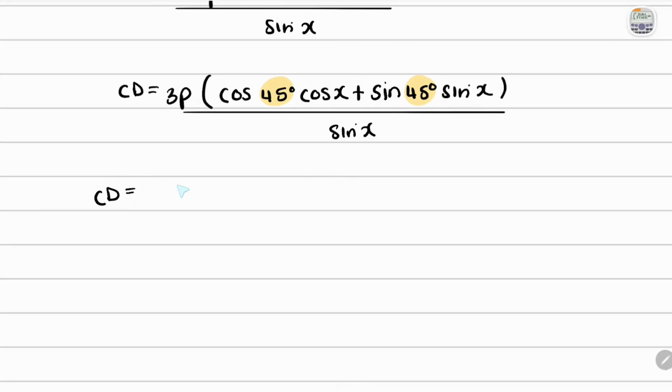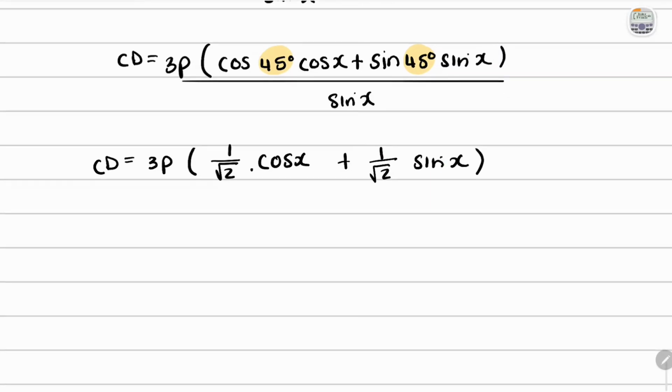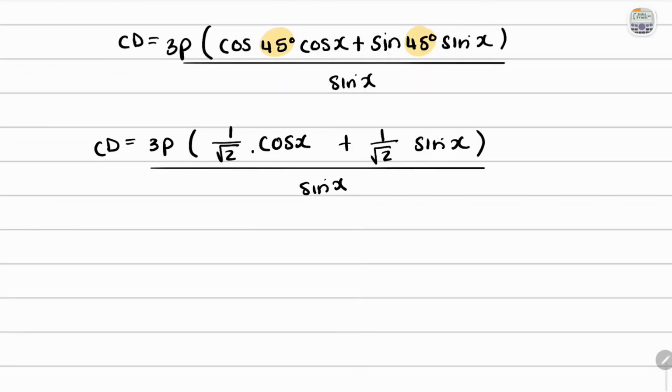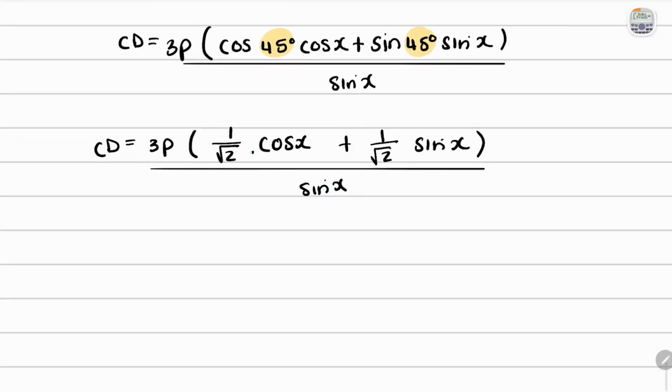We say CD is equal to, we have 3p, and then it's going to give us 1 over square root 2 multiplied by cos x, right? And then plus 1 over square root 2 multiplied by sine x. Okay, all over sine x. Now, what you could do at this point is just take out the 1 over 2 as a common factor from this bracket.